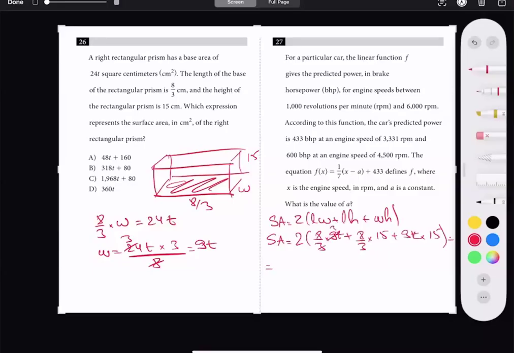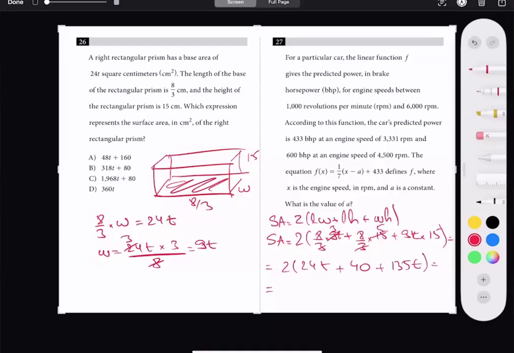So 9t, here's 3. 3 times 8 is 24t. Plus 15 times 8 over 3, 5 times 8 is 40. Plus 9t times 15. Okay, 10 times 15 is 150 minus 15, 135t. Is that correct?